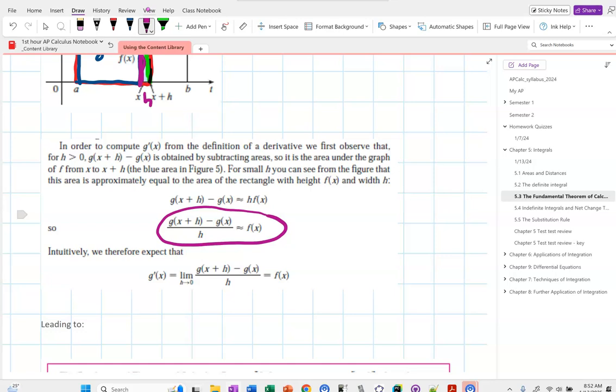Do you recognize the left-hand side of that? Looks like slope, doesn't it? And then if I slap the limit on in front of that, that becomes g prime, and this approximate becomes equals.